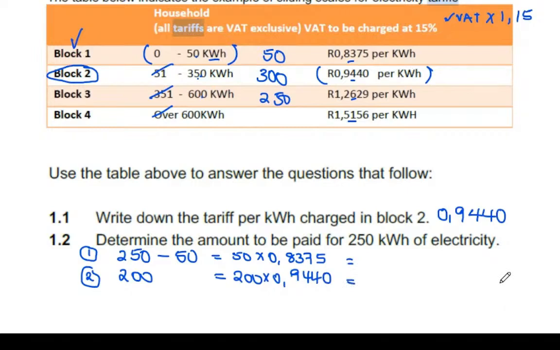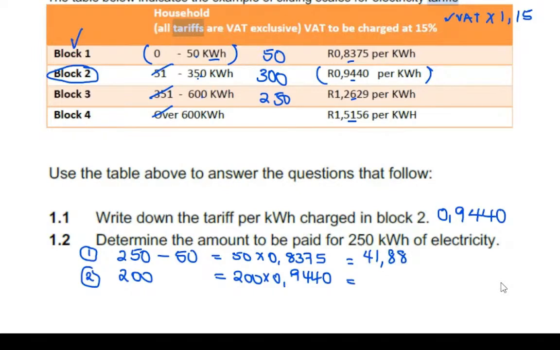Sorry, 50 times 0,8375. We get the answer, 41 rand 88. I'm rounding up because money cannot be in 3 decimals.